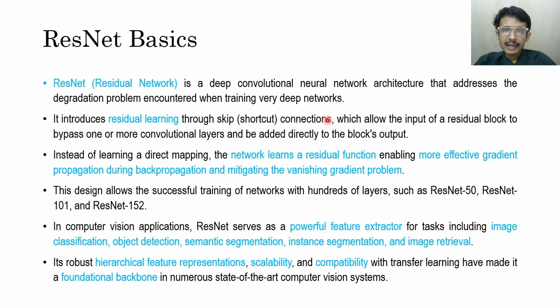Residual learning via shortcut or skip connection allows the input of a residual block to bypass one or more convolutional layers and be added directly to the block's output. That we will see in detail when we look at the architecture.